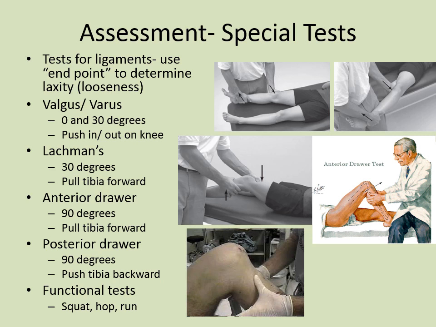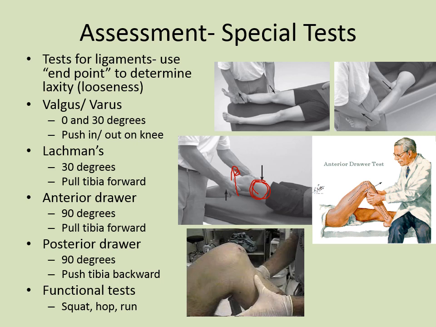For a Lachman's test, this is testing the ACL. And again, we're testing for laxity. Does the injured side move more than the uninjured side? This is one way to test it. We want to hold the thigh or the femur steady, and then we actually pull the tibia forward, kind of in this line, on the femur.